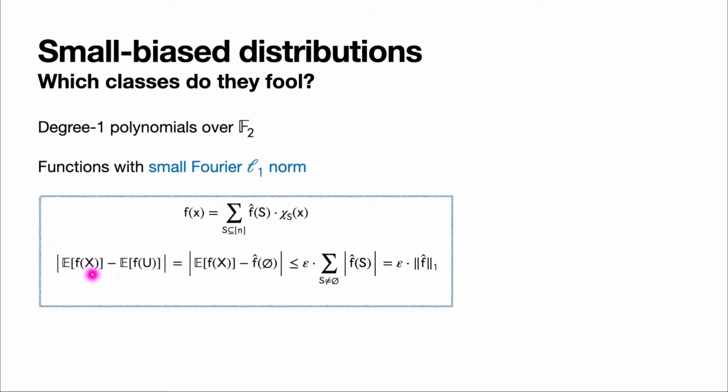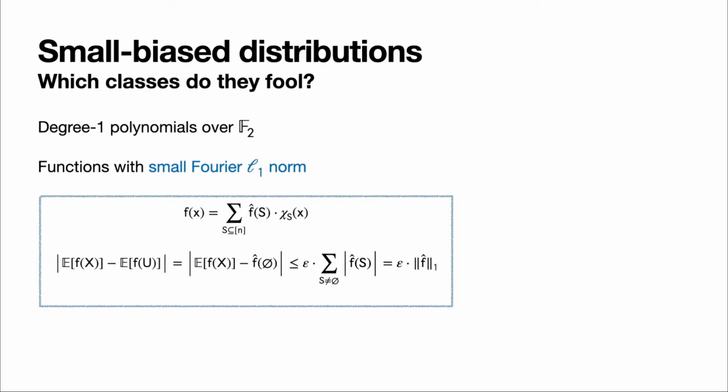What's the expectation of f of x minus the expectation of f on the uniform distribution? Now, the expectation of f over the uniform distribution is just the coefficient of the empty set. Do you see why?